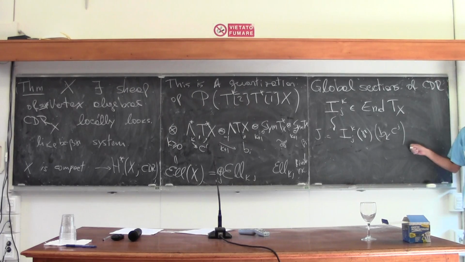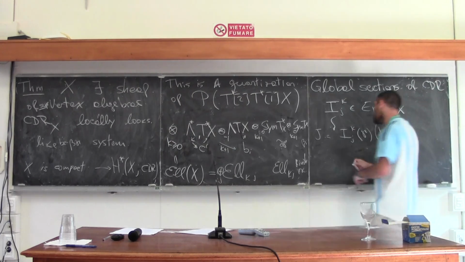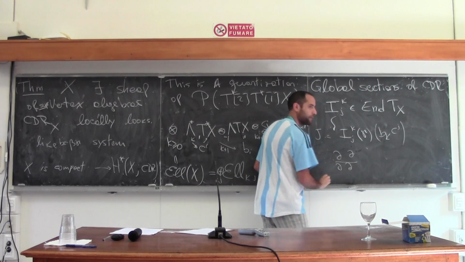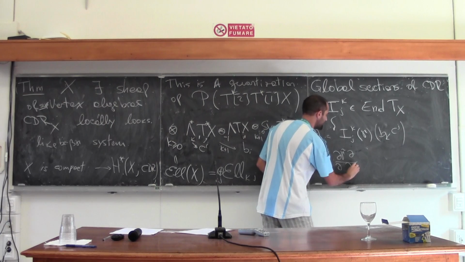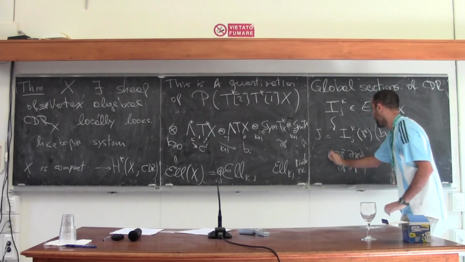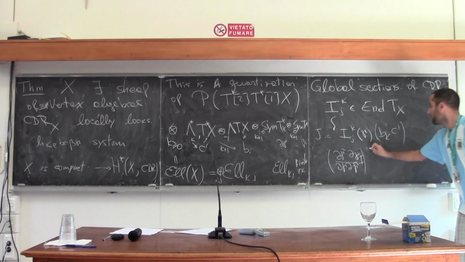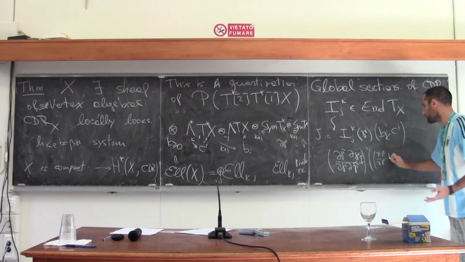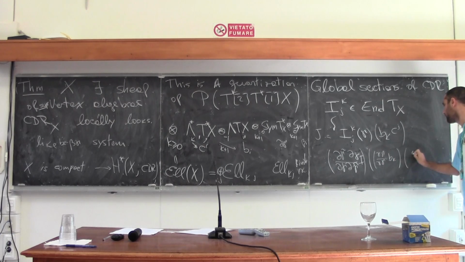Let's change coordinates. This guy here will pick up some derivatives, with some γ tildes and some γ's, and then here you have your I. This guy here will have some ∂γ, just to show where the complication will come from. And here we'll have some ∂γ c.